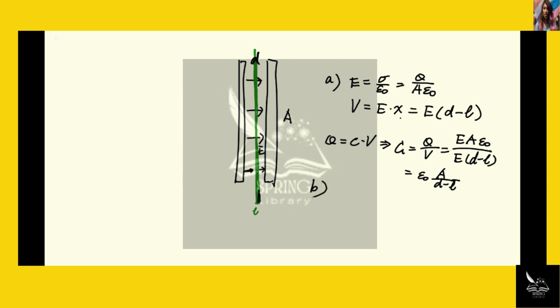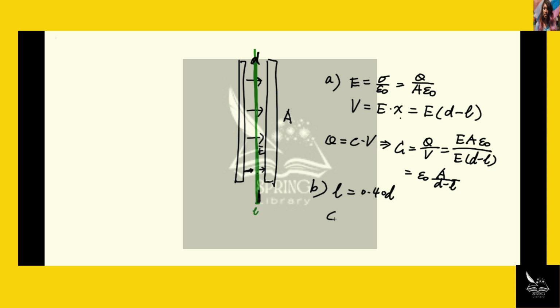Part 2 asks what happens if the thickness of the sheet L equals 0.4 D. By what factor does the capacitance change when the sheet is inserted?